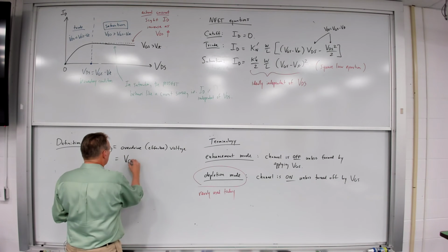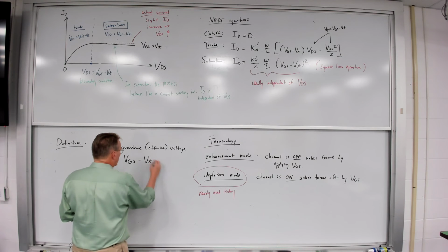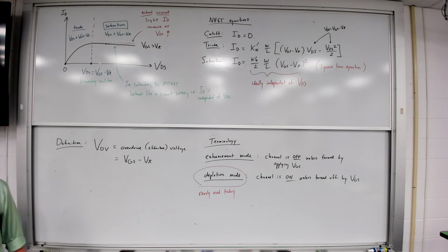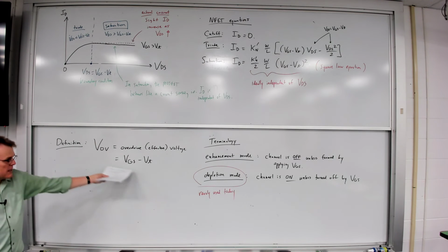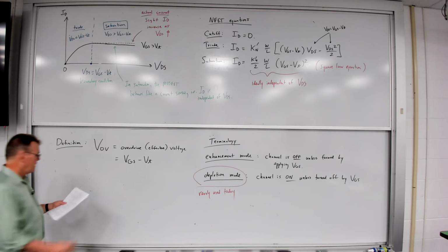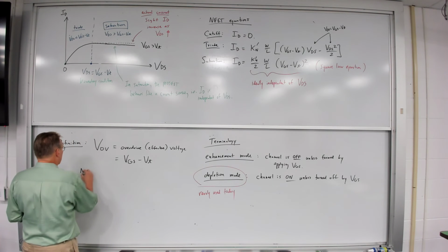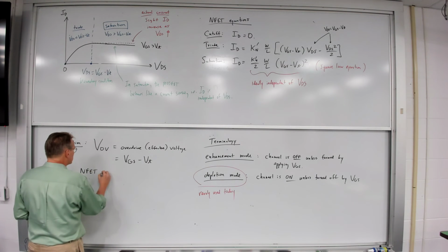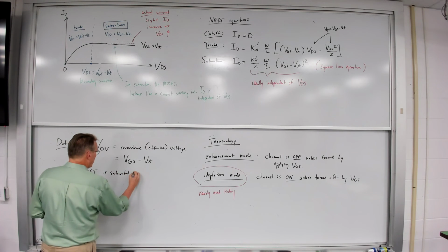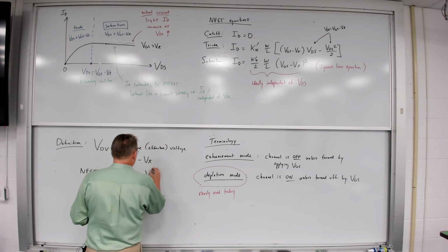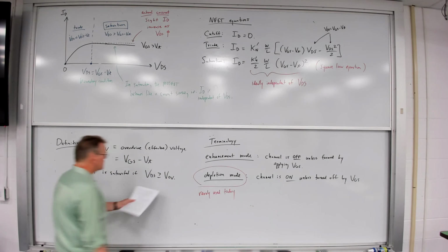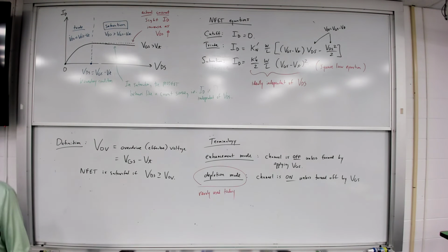And this is nothing more than VGS minus VT. So this is just another way of saying VGS minus V sub T. That's the overdrive voltage. Therefore, the NFET is saturated if VDS is greater than or equal to VOV.